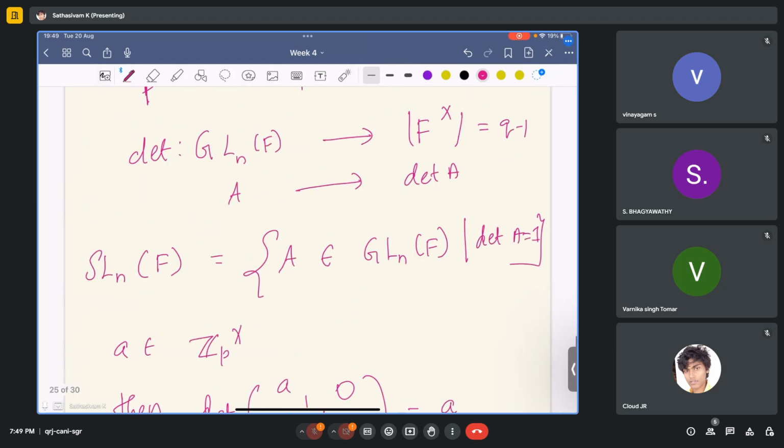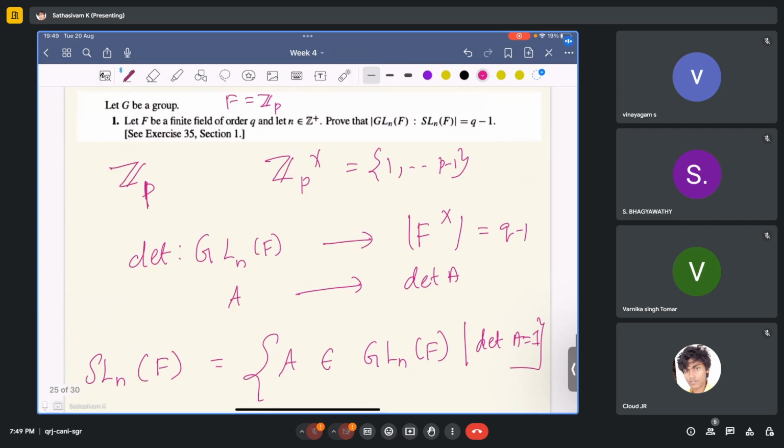Here I assume that F is Z_p; it is true for any other finite field also. The same proof goes through, but I just assume Z_p in case you don't understand what a finite field is. It doesn't matter, you just assume it's Z_p for now.